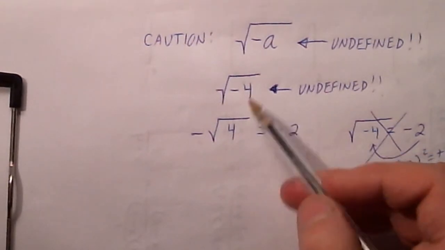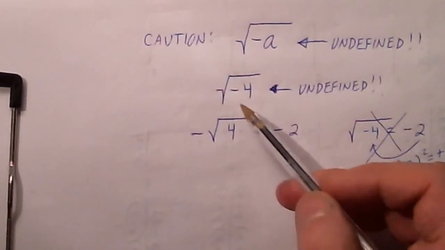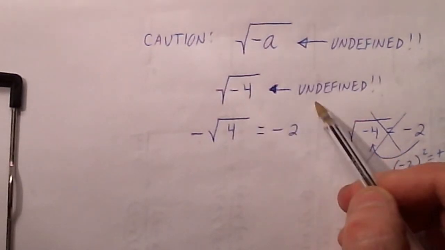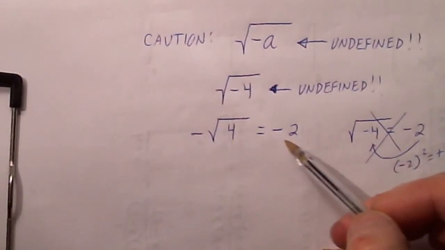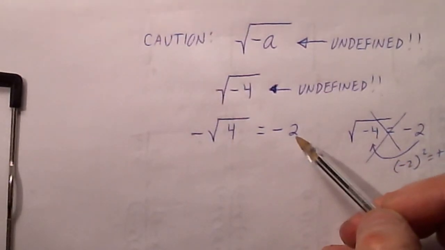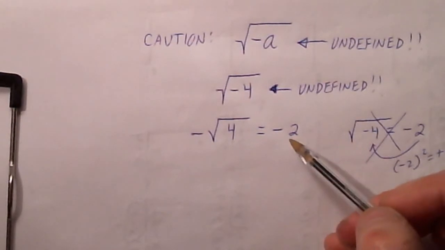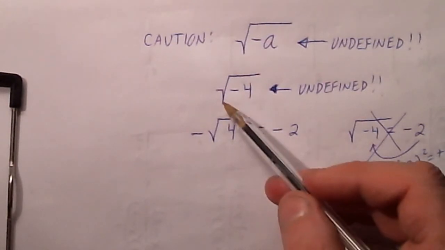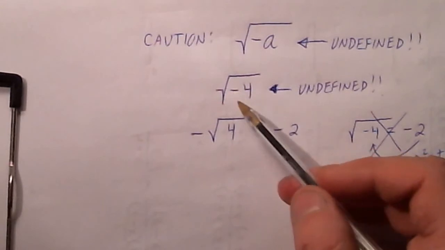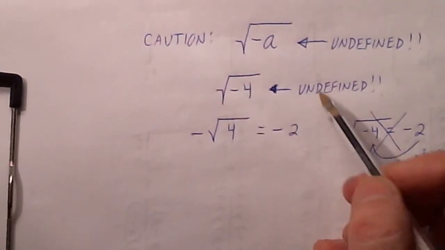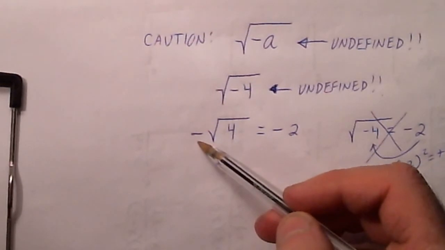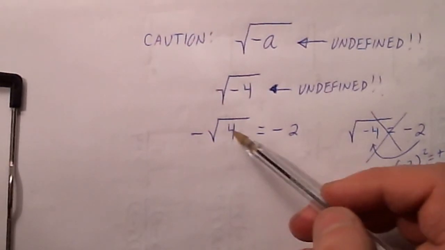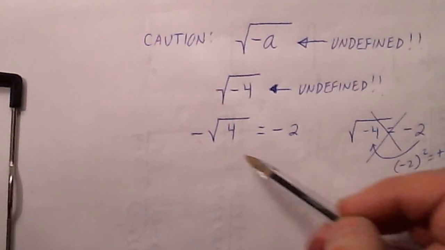So notice these are a night and day difference here. The square root of negative 4 is undefined, but the negative of the square root of 4 is defined to be negative 2. So again, whenever you take the square root of anything that's negative, it's always undefined. But if your negative sign appears outside the square root, not underneath the square root, then you could get a real number result, which is defined.